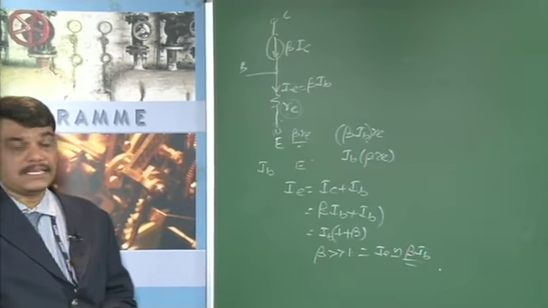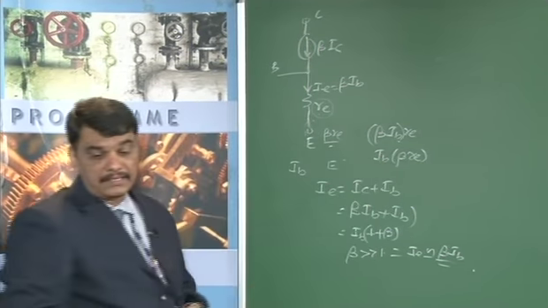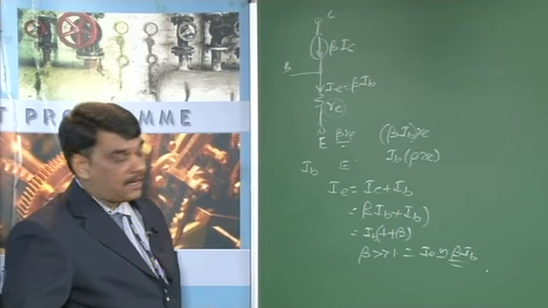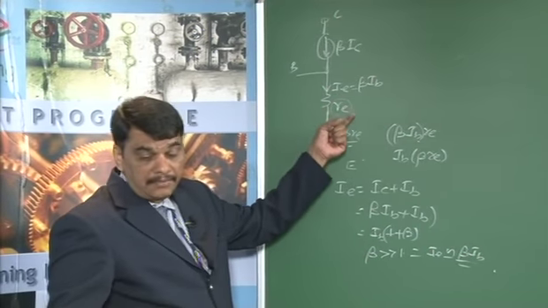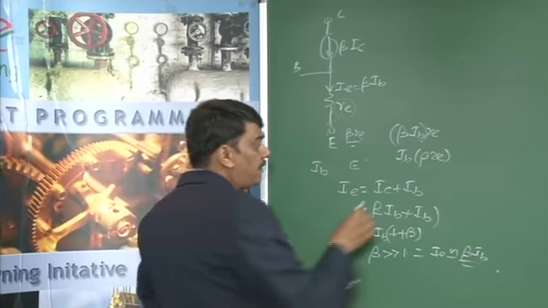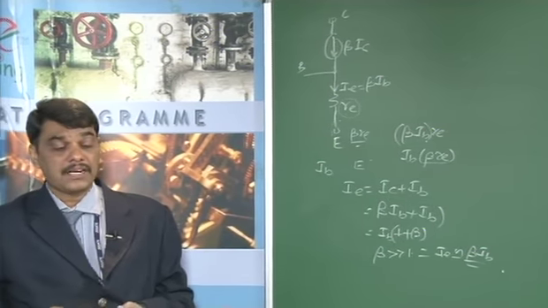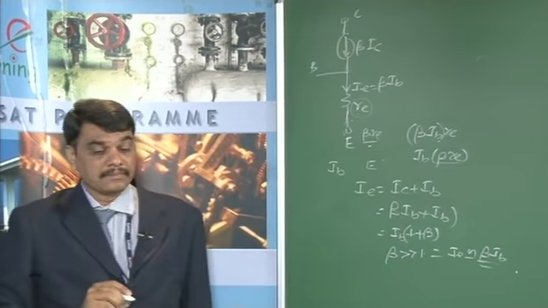This implies that the current flowing here is IB, and the current flowing through RE is IE. You have to embed this beta into the resistance, so RE of a common base configuration is replaced with beta times RE.